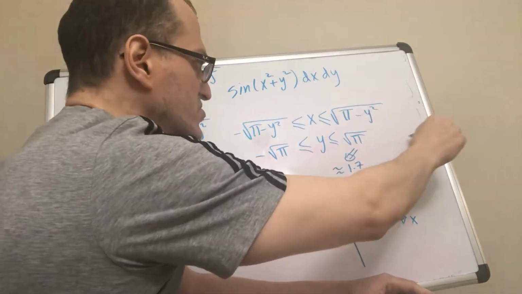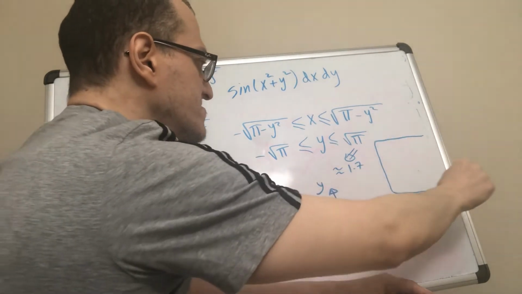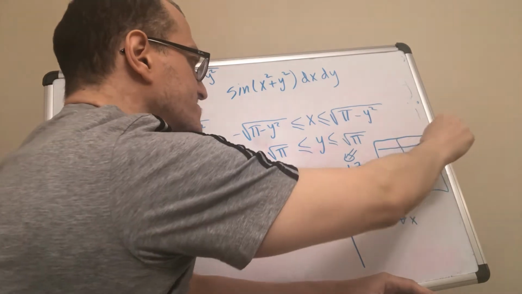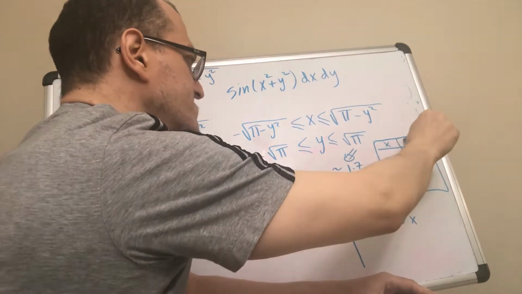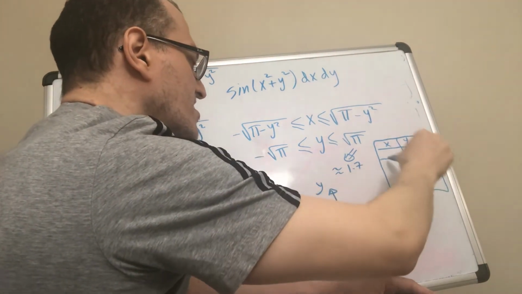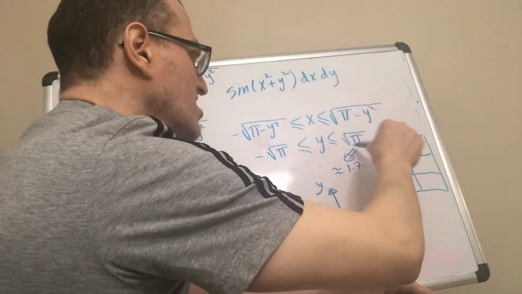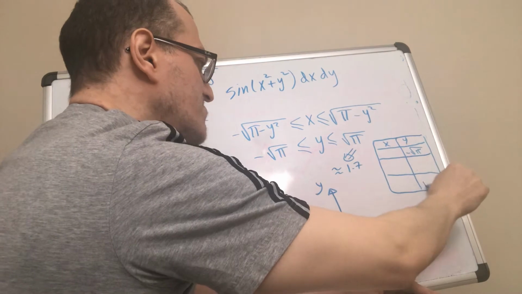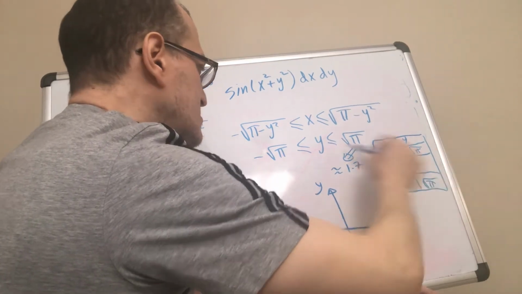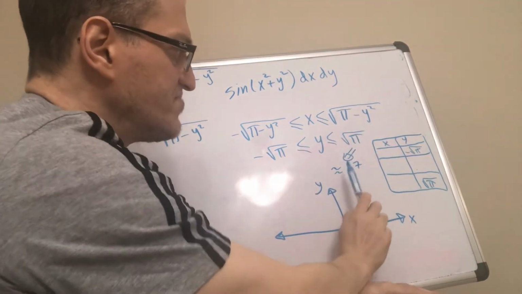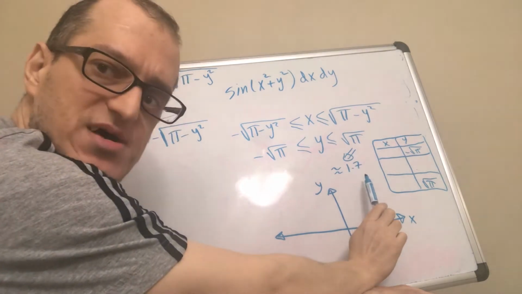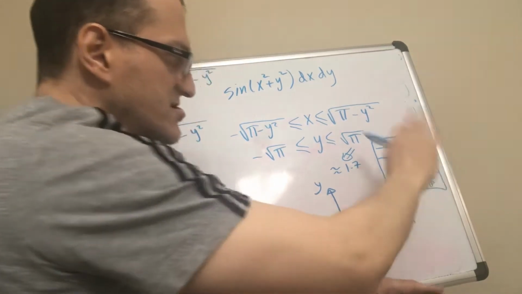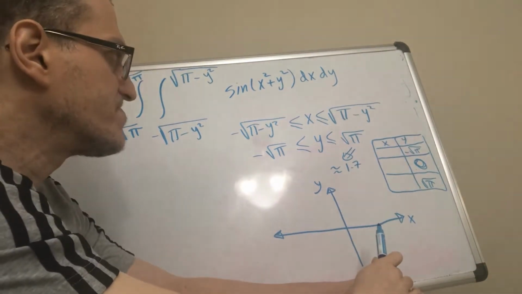So for this one, I'll put negative root pi and positive root pi, because that's the start and the finish. So minus 1.7 and positive 1.7. And I'm also going to put 0, because it's between the two numbers.